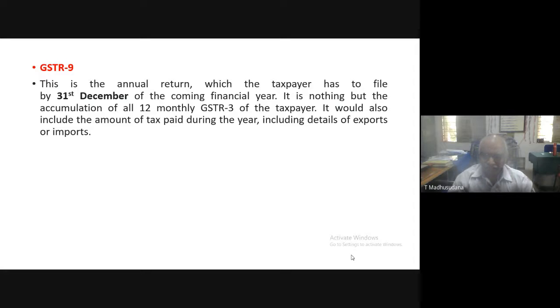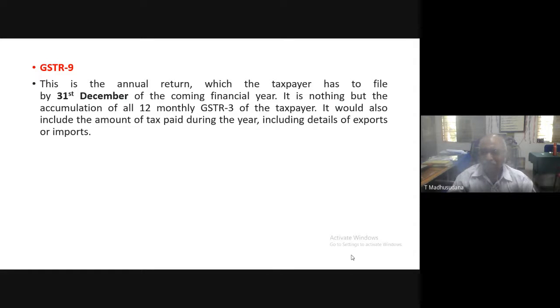So we have submitted GSTR 3 monthly, no? Every month we have submitted GSTR 3, in which both inward and outward supply details are available, and tax liability and input tax credit information is available.